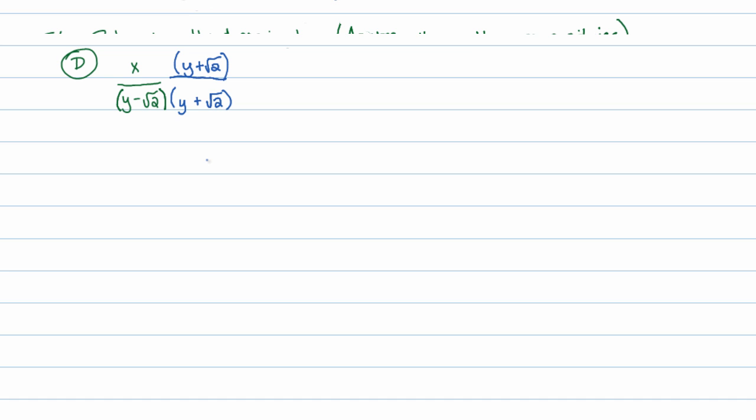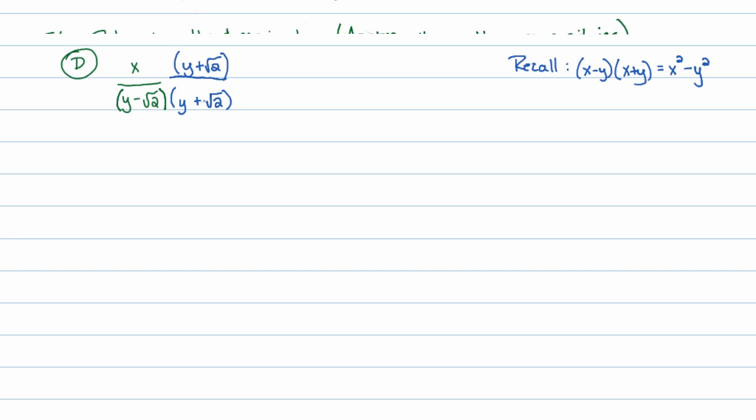So x minus y times x plus y became x squared minus y squared. And actually, maybe I should write that down. So recall that x minus y times x plus y became x squared minus y squared.